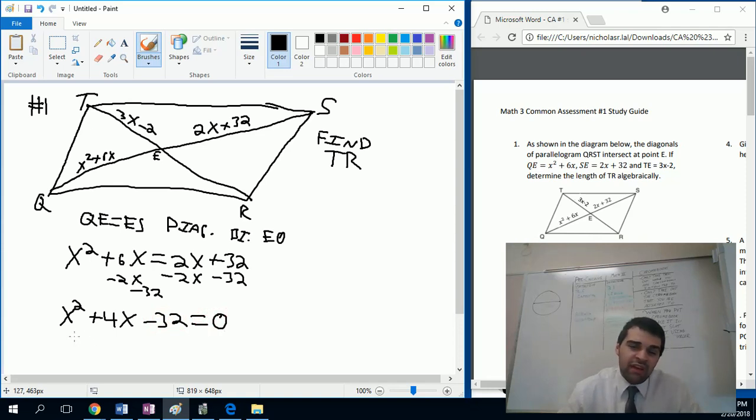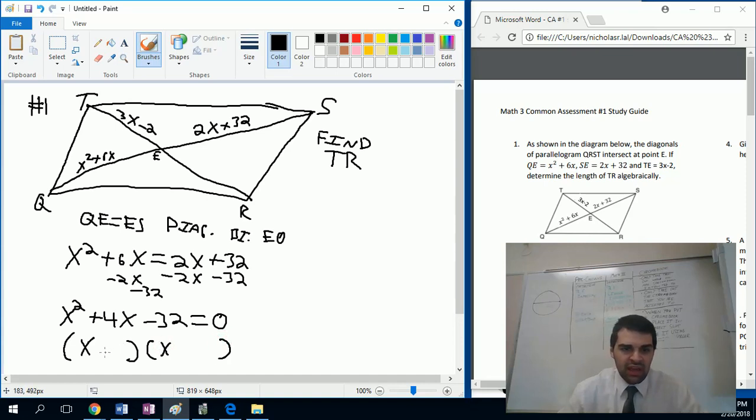Now, when we factor this quadratic, we need to come up with two numbers that multiply to negative 32 and add to 4. Pause this video if you want to go through the steps, but essentially those numbers are 8 and negative 4.